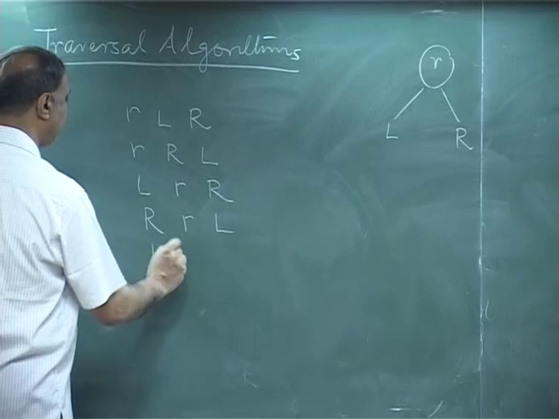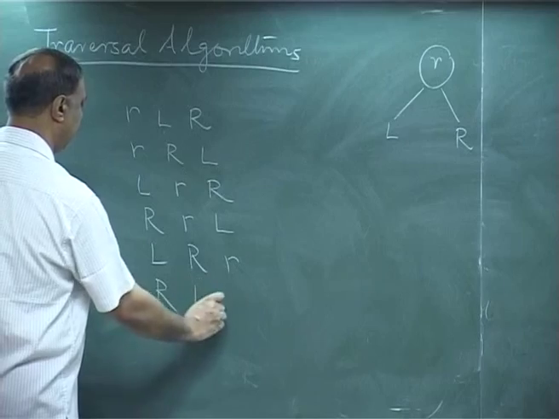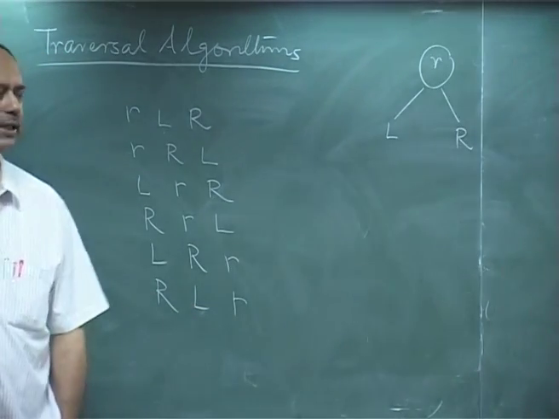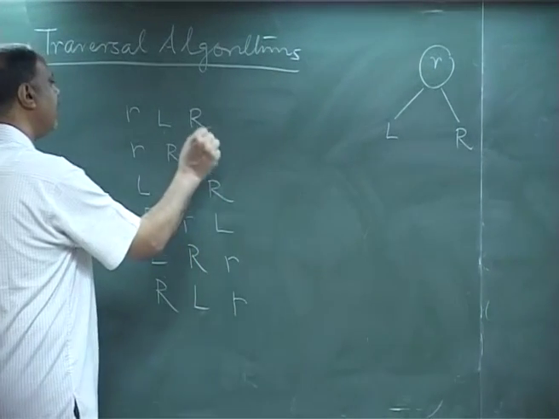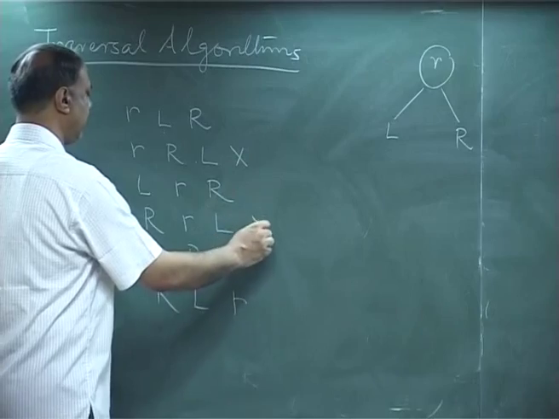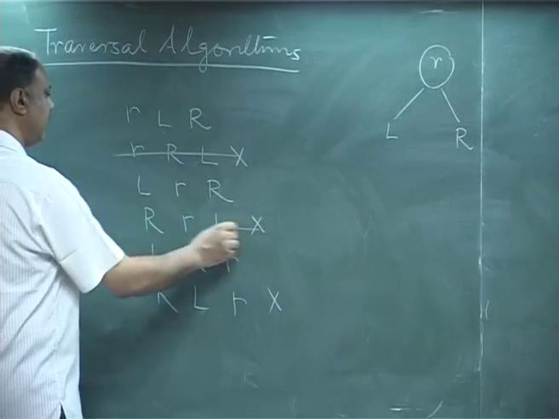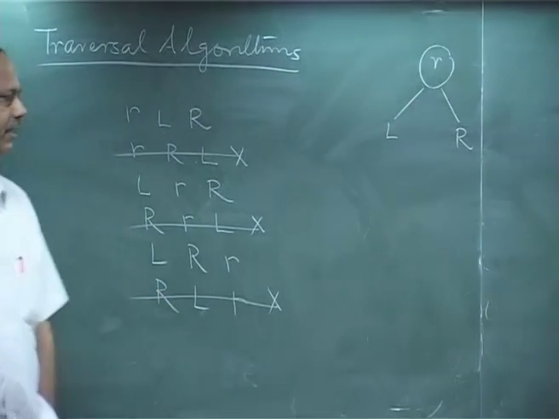Another one could be left subtree, right subtree, root, or right subtree, left subtree, root. These are the 6 possible ways you can traverse your binary tree. Now, this is basically the mirror of this, so generally we do not consider it. So basically we have 3 ways to traverse a binary tree.